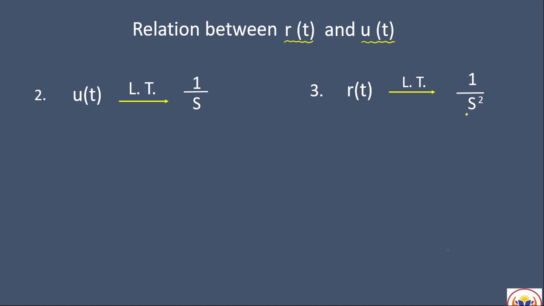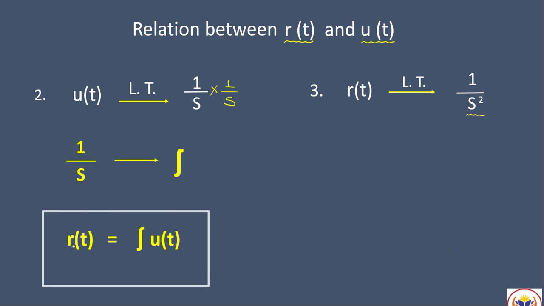If I want a ramp signal from a step signal, I have to multiply by 1 by s. 1 by s into 1 by s gives 1 by s square, the Laplace of the ramp signal. Again, the significance of 1 by s is integration, so to get the ramp signal r of t, I have to integrate the step signal u of t.